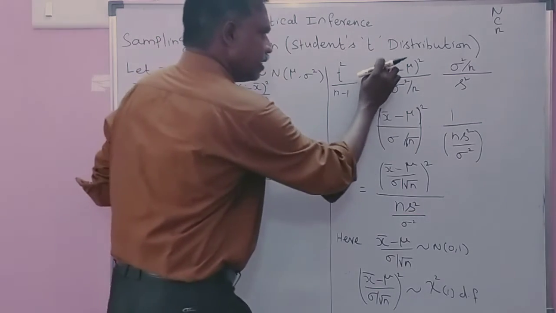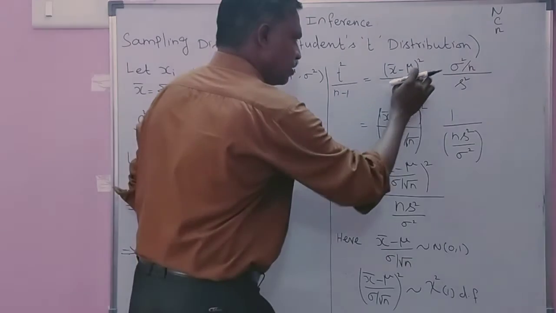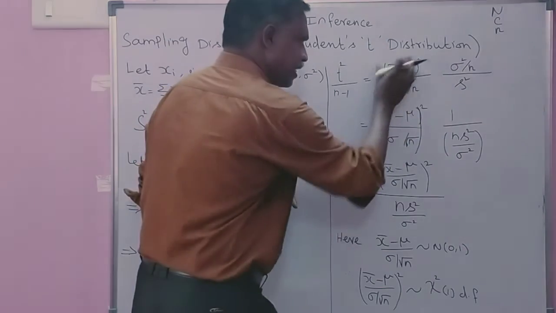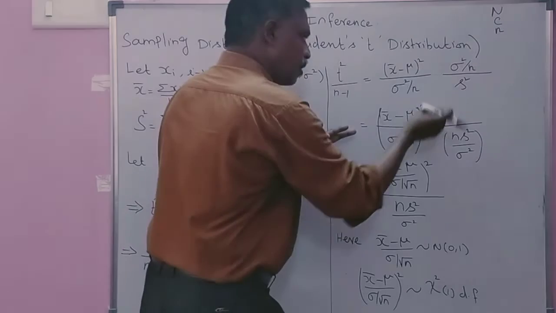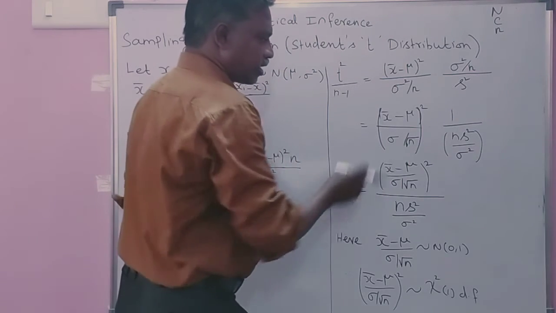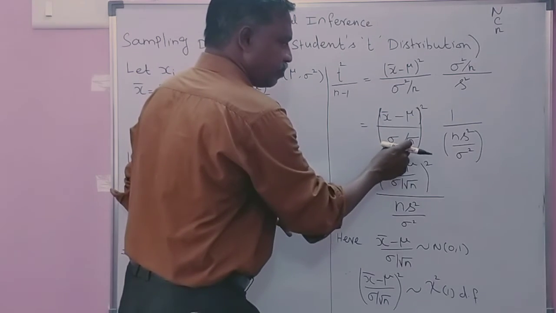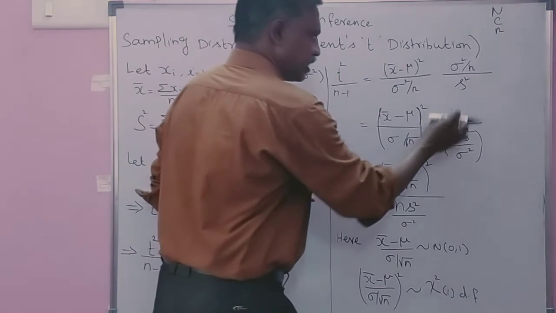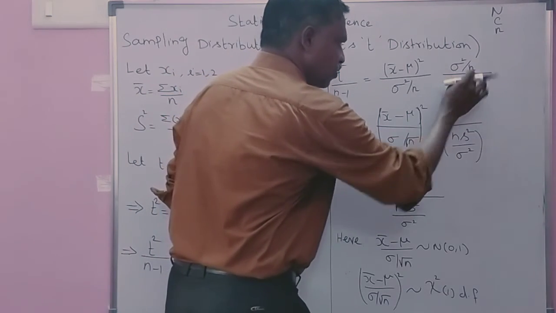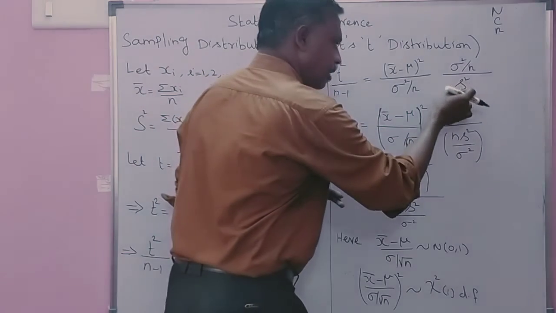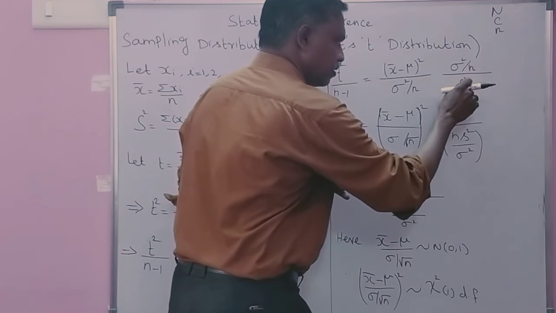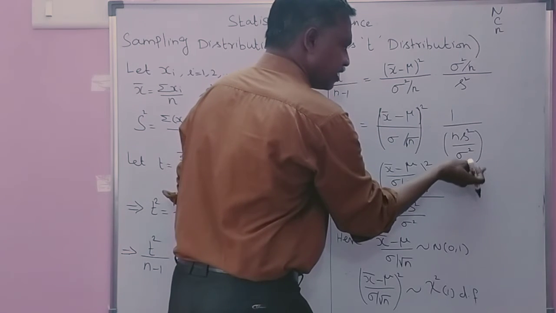Then I write x bar minus mu divided by sigma by root n in the form of one single square. So x bar minus mu divided by sigma by root n whole square. This is nothing but 1 divided by, the denominator part, in reciprocal.